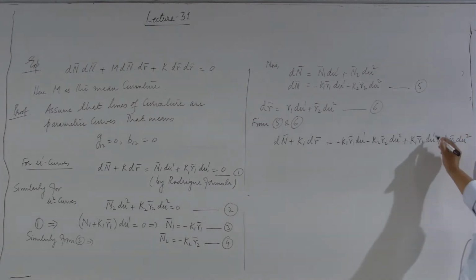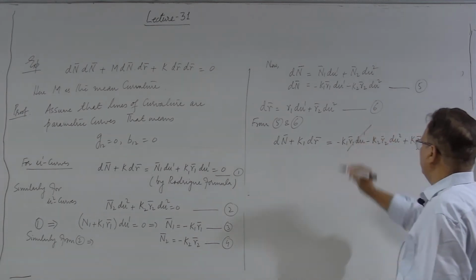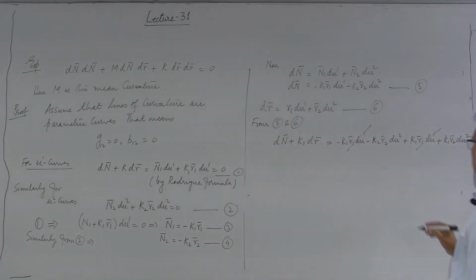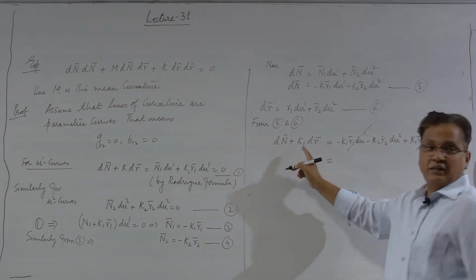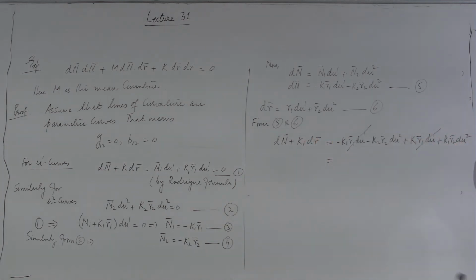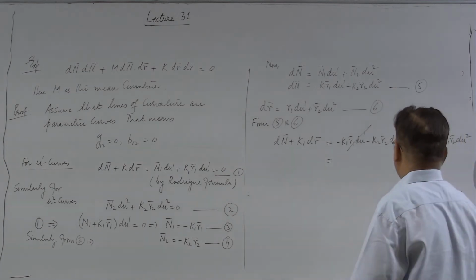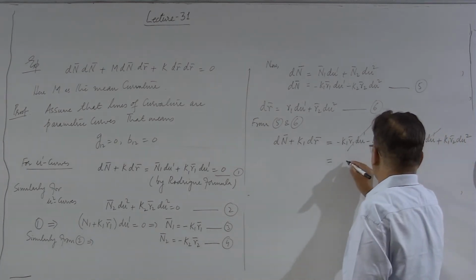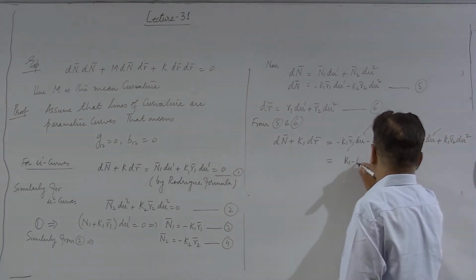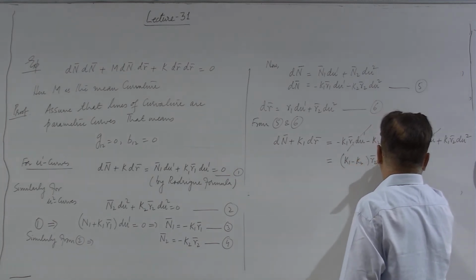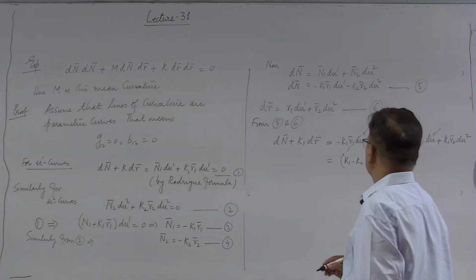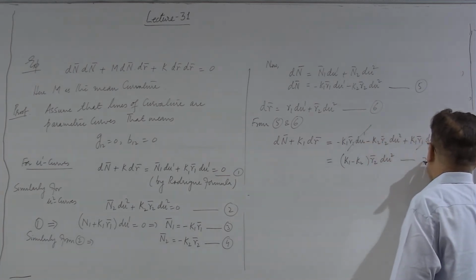So, k 1 r 1 du 1 and k 1 r 1 du 1 are cancelled out. What you get is not 0 in fact, so it becomes k 1 minus k 2 into r 2 du 2. This is number 7.